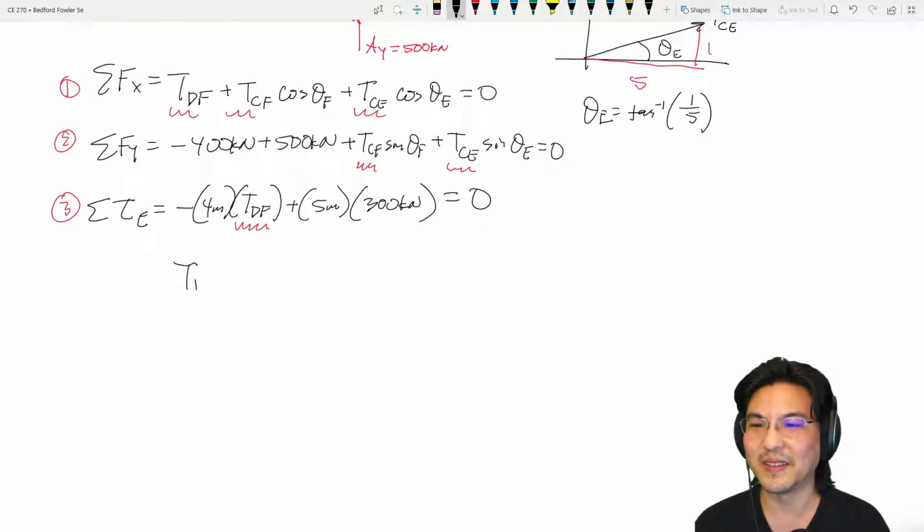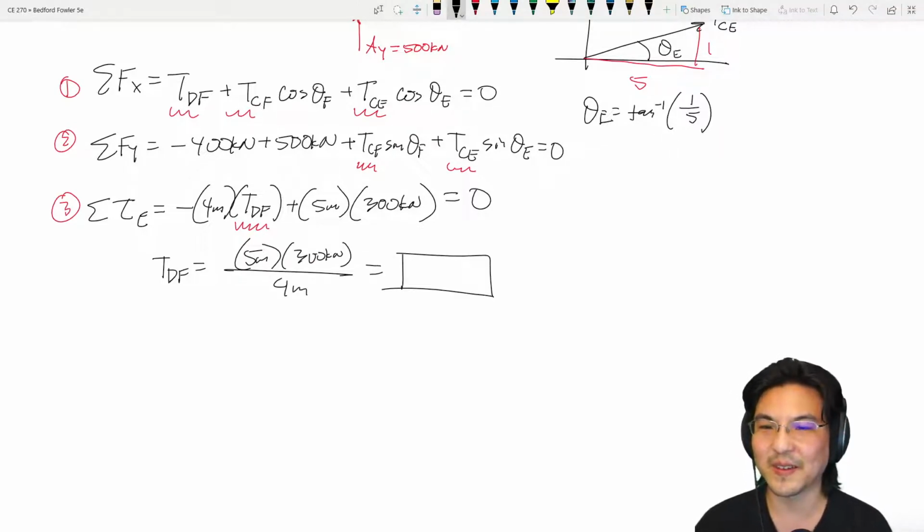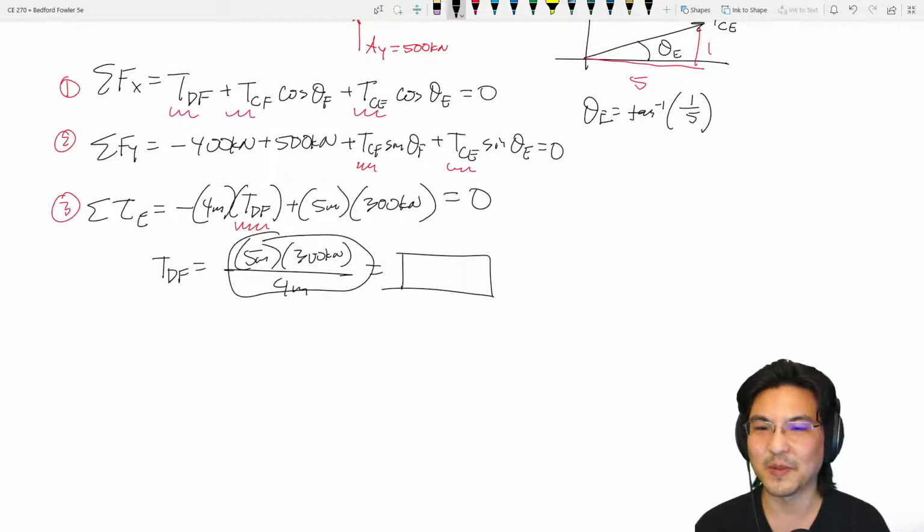So then TDF would be 5 meters times 300 kilonewtons over 4 meters. So punch that in the calculator: just 5 times 300 divided by 4 kilonewtons.